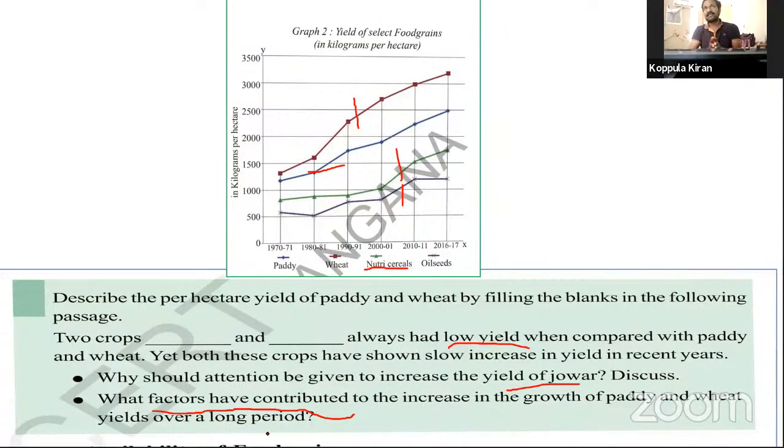What are the facilities provided by the government or farmers? Government on one side, banks, and other things. They have to produce more and more production. How? Okay.